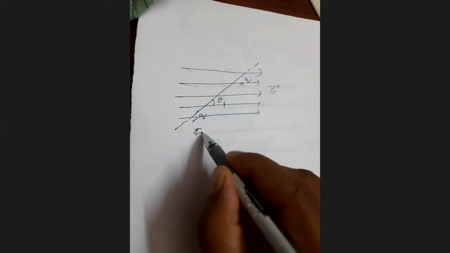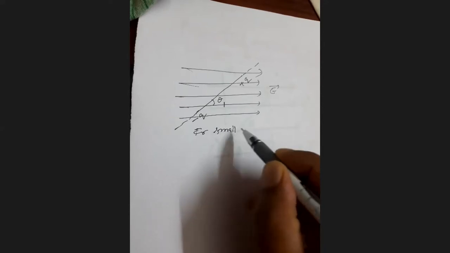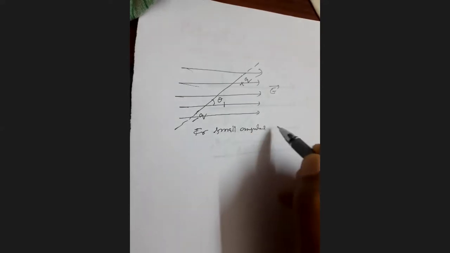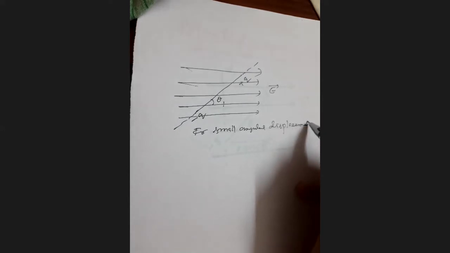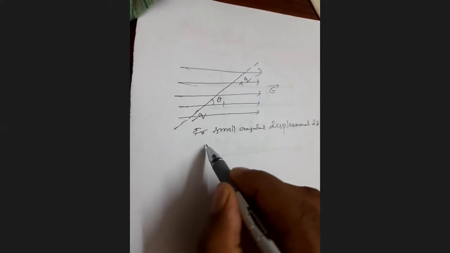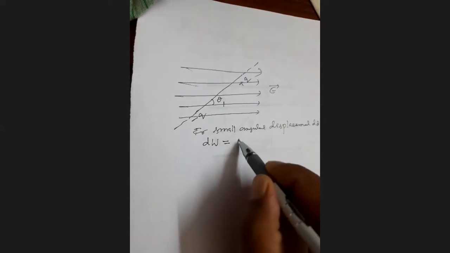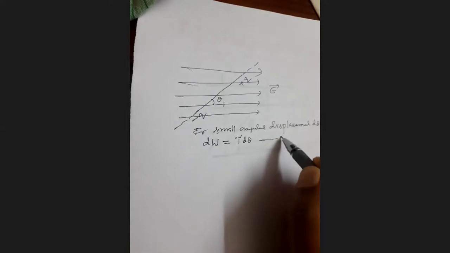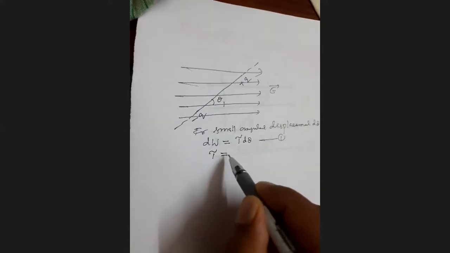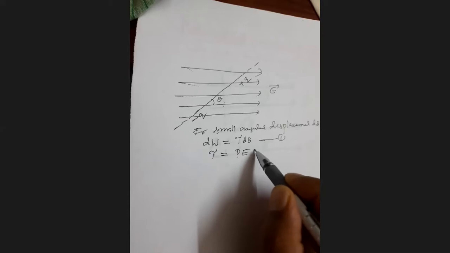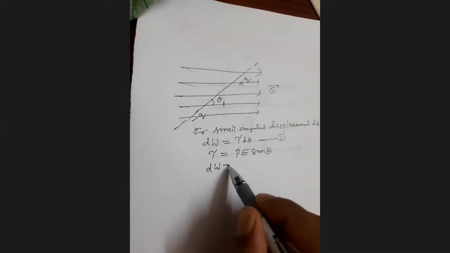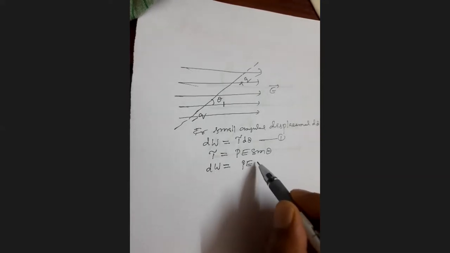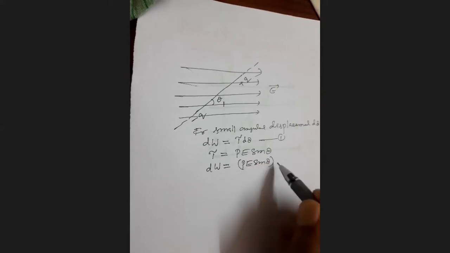So for a small angular displacement d theta, the work done is given by dW equal to tau into d theta, equation 1. But torque tau is equal to PE sine theta, that was derived in the previous discussion. Substituting that, dW equal to PE sine theta into d theta.